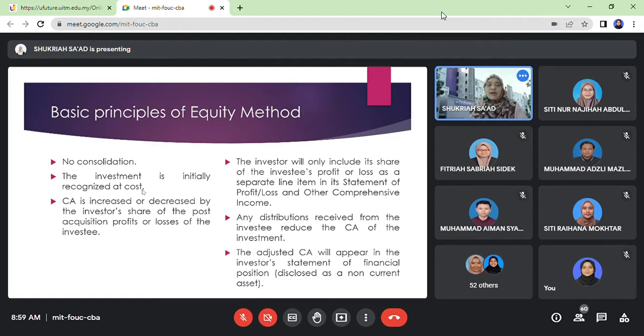If you still remember, when we had investment in subsidiary, we also reported investment in subsidiary in the individual statement, especially in the holding company's financial position. Under non-current assets, we have the item investment in subsidiaries.